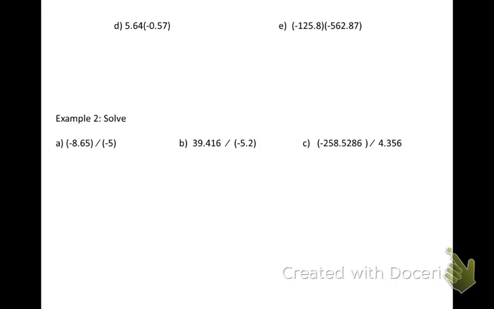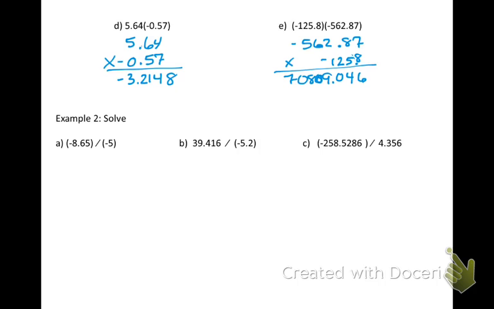Try D and E by yourself, and when you're done, push play and I will have the answers ready for you. Okay, so it's a big number. It's 70,809.046. Now, I didn't show you how I did my work, so I better see all of the work done on your notes tomorrow. Make sure you didn't use your calculator like I'm sure most of you have done.